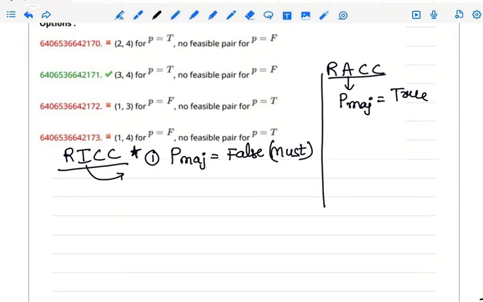So for the RICC pair, the major clause must be false. In the question, C is the major clause. So P_C equals false, that is the first condition. The second condition is that the minor clauses are fixed.